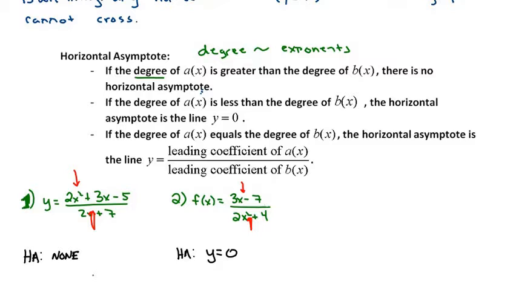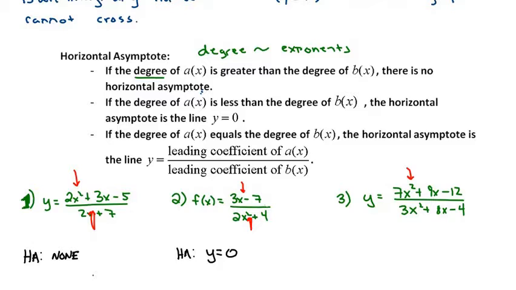And then option number 3 is what happens if the degrees match. So if you have something like y is equal to 7x squared plus 9x minus 12 over 3x squared plus 8x minus 4. If you have something like that, nothing simplifies. You notice that the degrees actually match.